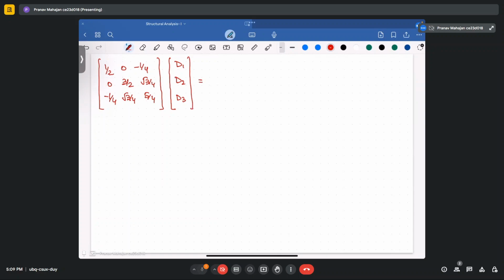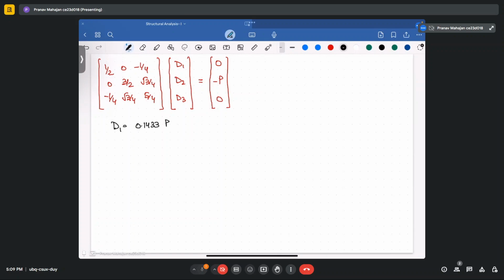Those are the deformations that will be there. And in that case, you will have 0 as the external force. Here it is minus P and here it is 0. Okay.